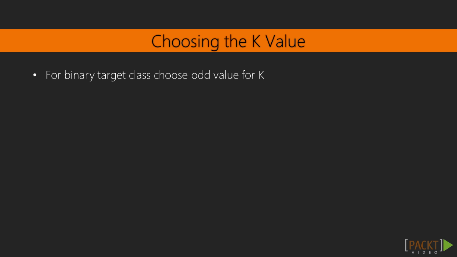This is because if we choose an even number as the k-value when we have 2 target classes, then we will end up with a chance of equal neighbors for both the target classes. We also have some different methods to find the k-value, such as k-fold cross-validation. Since that concept is beyond the scope of this course, I'm not going to cover it here, but based on your personal interest, you can have a look at k-fold cross-validation.